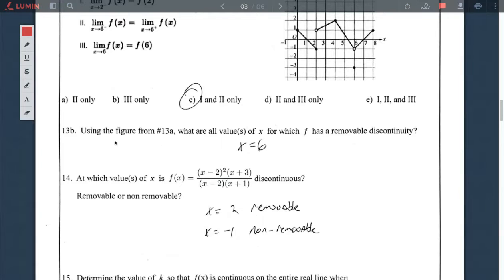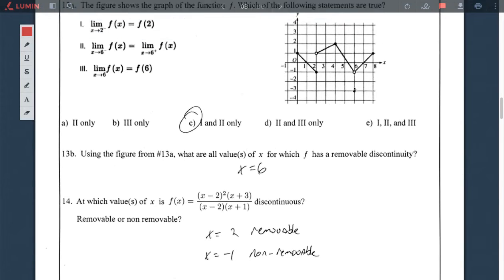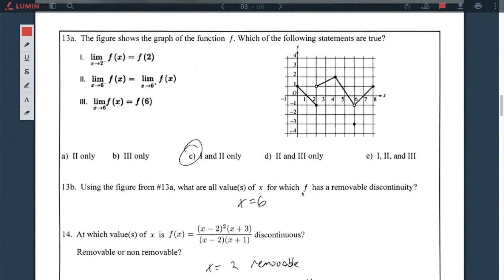All right, 13b, we're still using the graph from 13a. What are all values of x for which f has a removable discontinuity? Removable discontinuity, if you're looking at it graphically, means that you could plug a hole. Okay, you're just looking for a hole. I cannot plug a hole here.